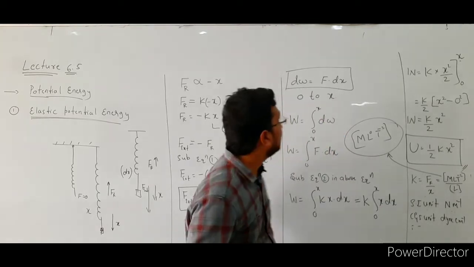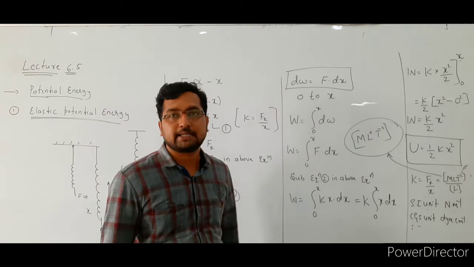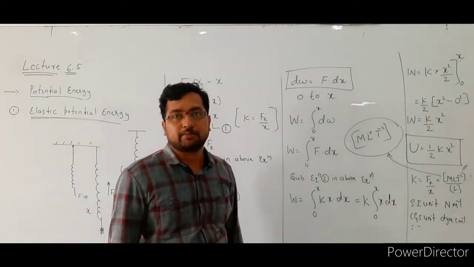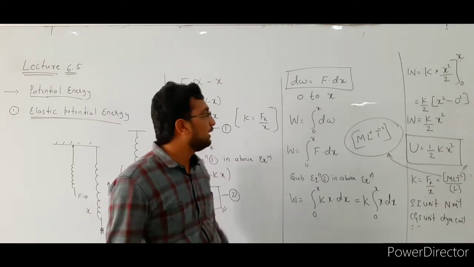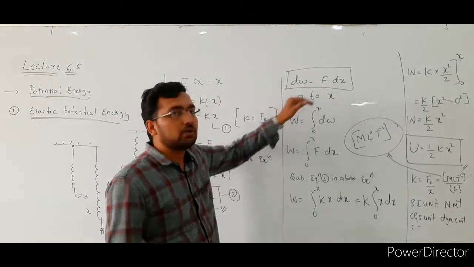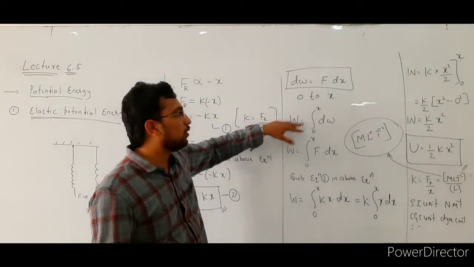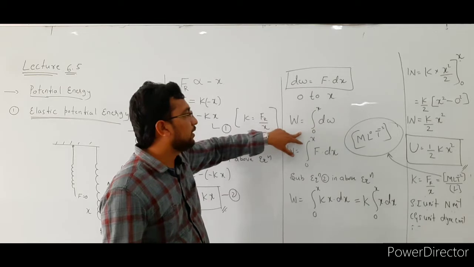Okay, see here. After that, the small work done to elongate the spring through a small distance dx is dW equal to force into small displacement. After that, we are going to elongate the spring from its mean position to the extreme position, from 0 to x. For that we do work equal to the integration of small work done from 0 to x.